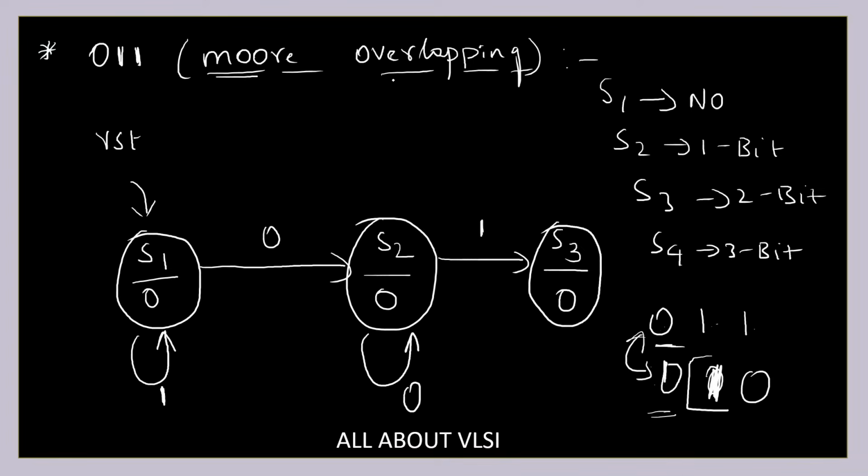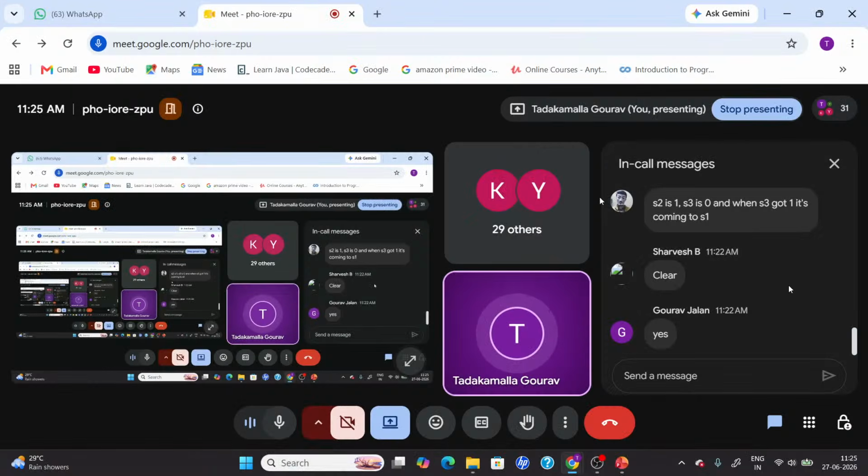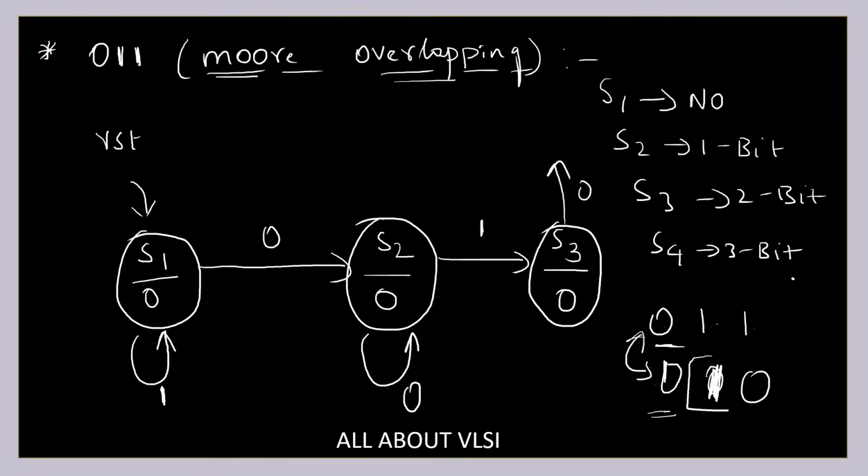It's a Moore overlapping. Can anyone tell, in my S3 state, if my input is equal to 0, what should be my next state? If I'm in S3 state and if my input is equal to 0, where should I go? Any answers?